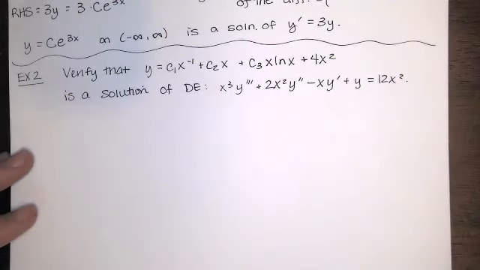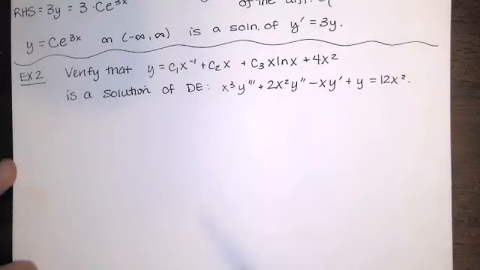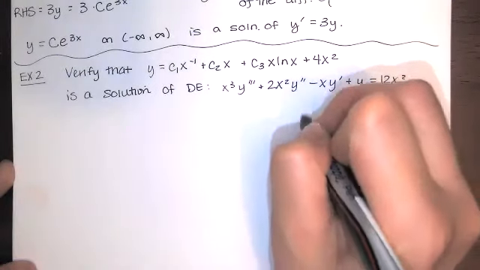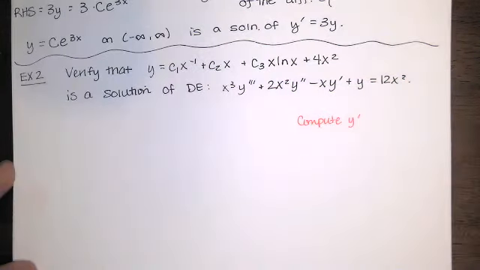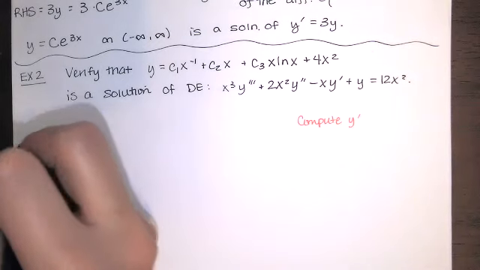The only difference between the algebraic version and the differential equations version is you've got to compute some derivatives first. So we want to verify that this function is a solution of this equation. So we will compute y prime and y double prime and y triple prime, and we'll substitute those into the left-hand side of the differential equation.